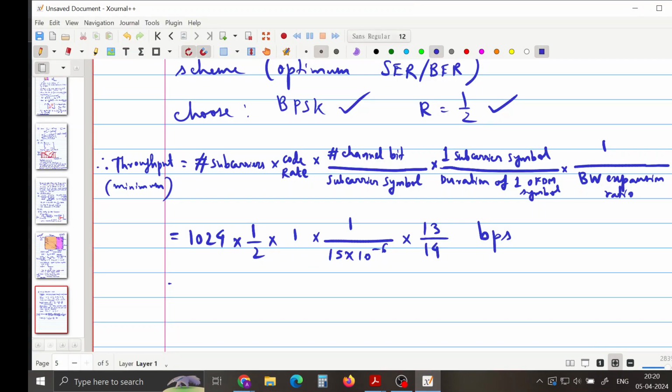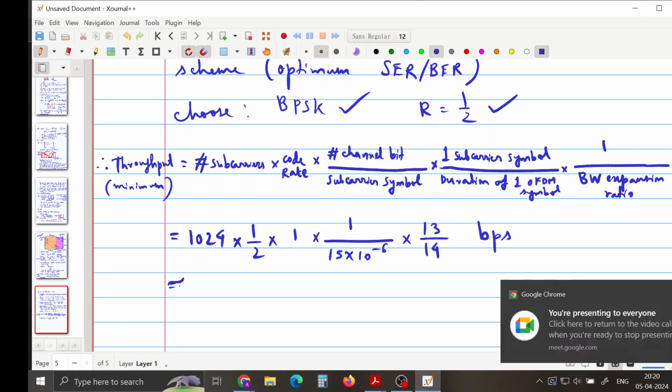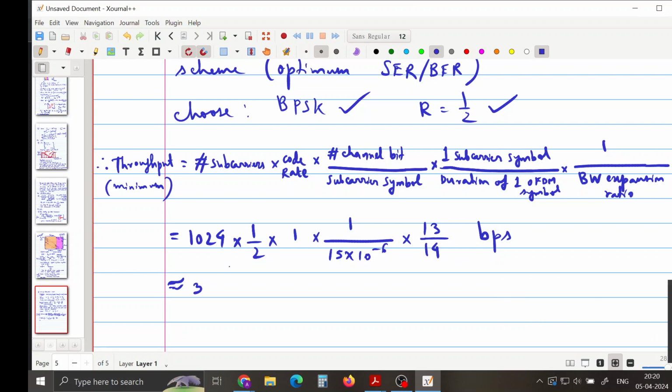So this, if you calculate, will give you approximately 31.70 megabits per second.